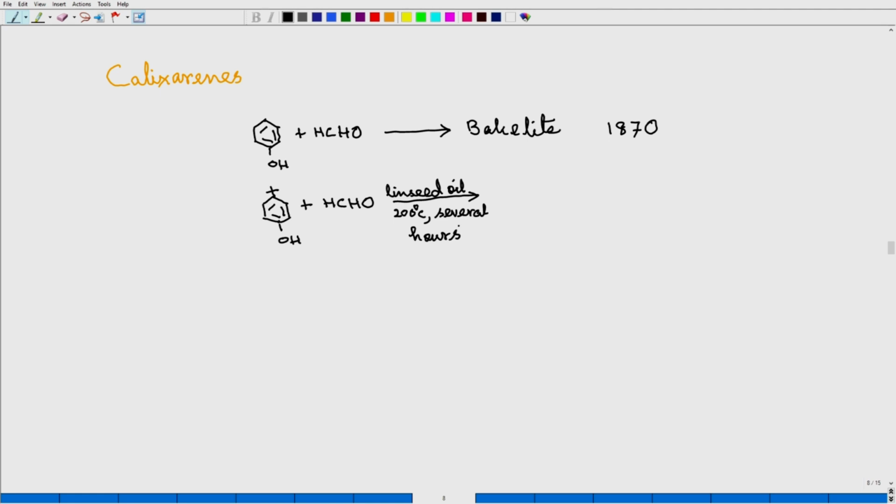If you reflux it, you get a mixture of calixarenes, mixture of products that turned out to be very different from resinous bakelite, and it turned out that this mixture of products is nothing but a mixture of calixarenes.